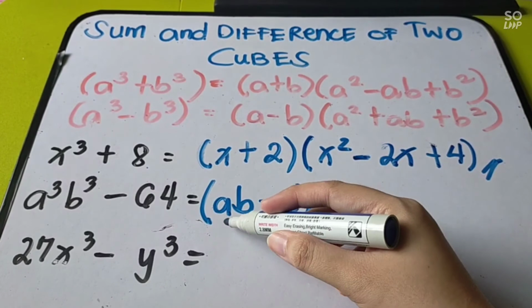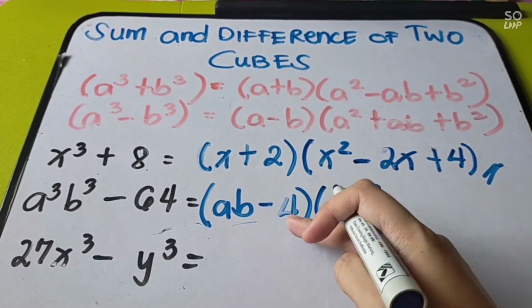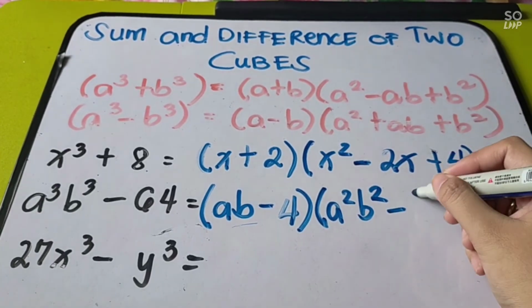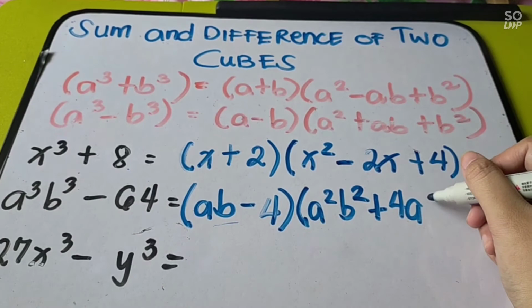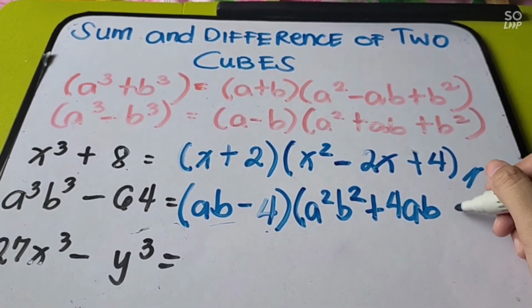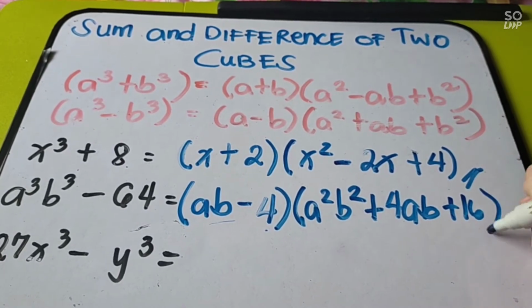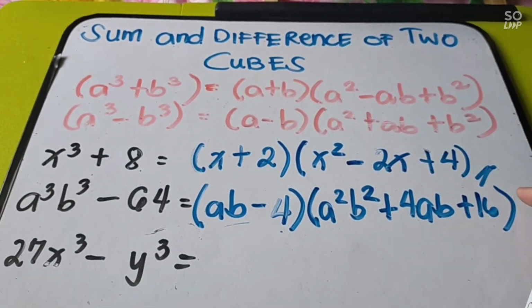Then, squared mo tong dalawa, the answer is a squared, b squared. Multiply mo, minus 4ab. It becomes plus na. Plus 4ab, then squared mo yung 4, 4 times 4, the answer is 16. Plus 16. We're done. So, that is for the second example.